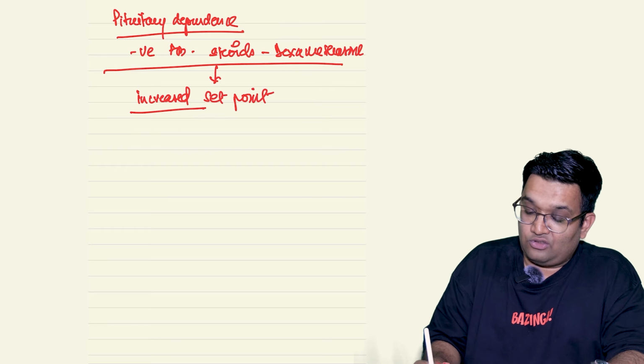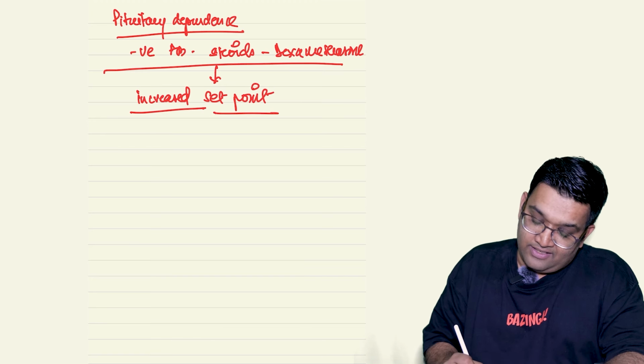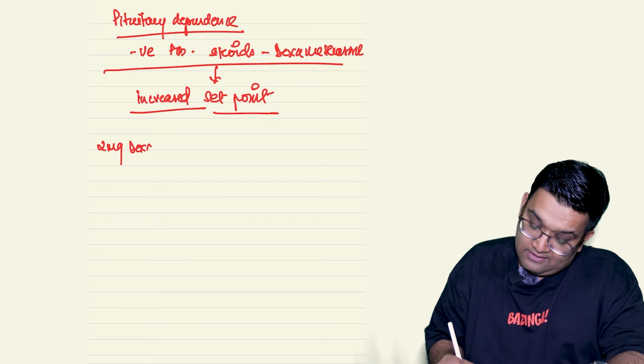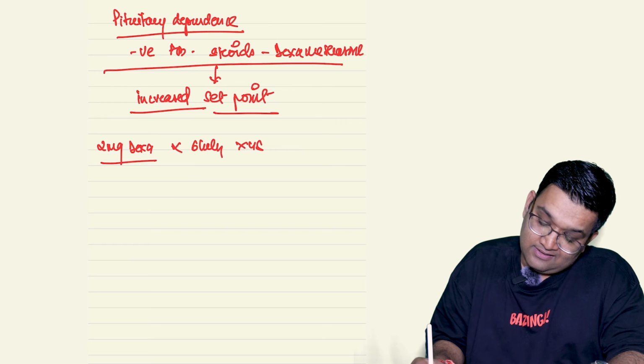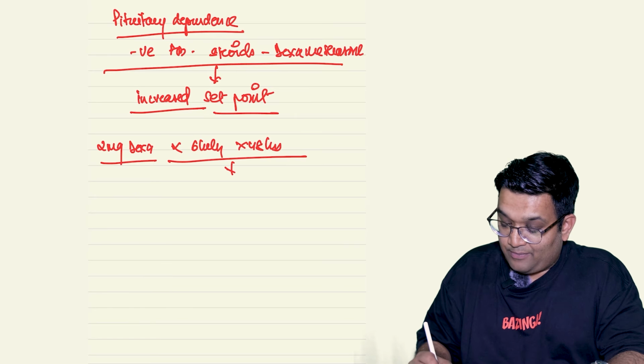So for the normal set point, say for example we are giving 2 mg dexa 6 hourly for 48 hours, this should cause the suppression.